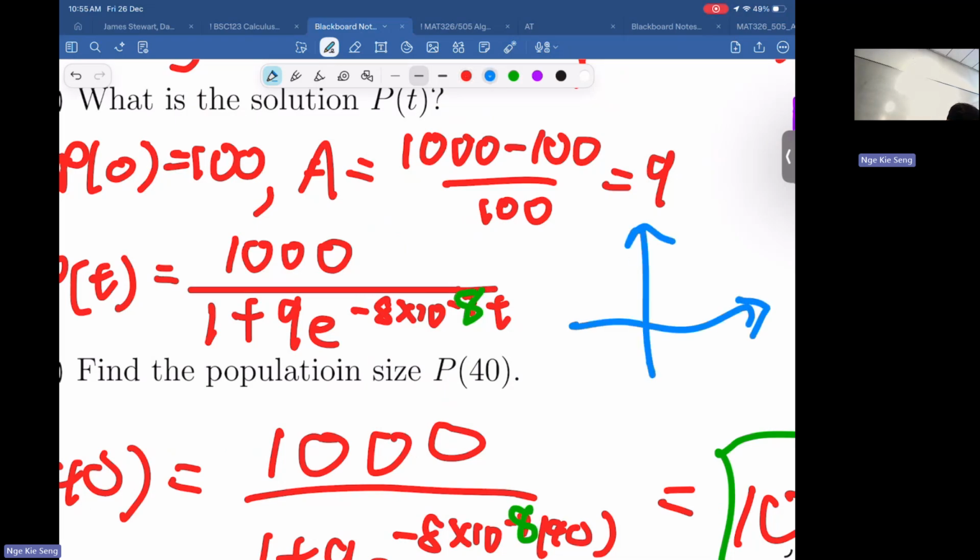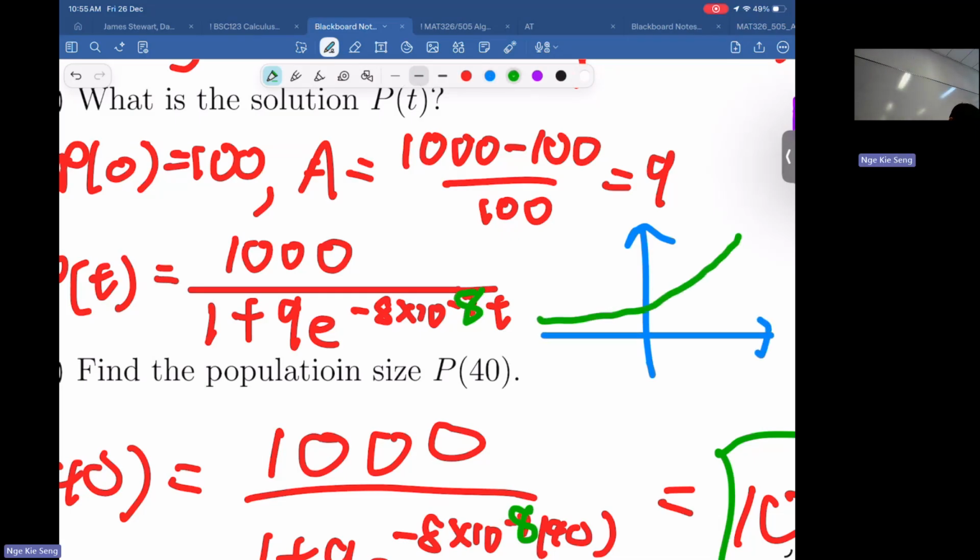What's going on here? e to the x is like this, right? e to the minus x should look like this. Does it decrease, or is it possible the population decreases? Population decreases.